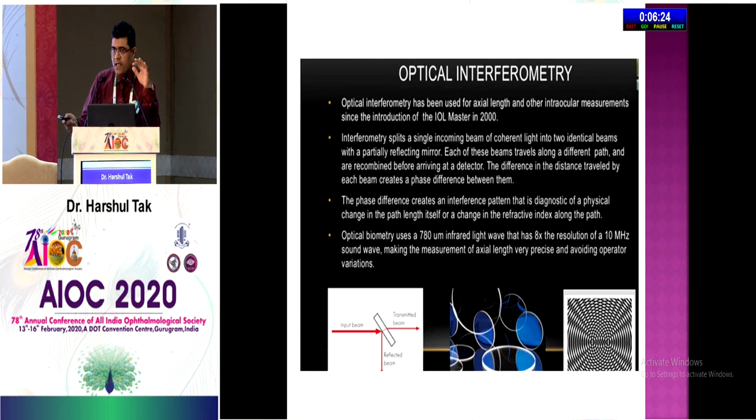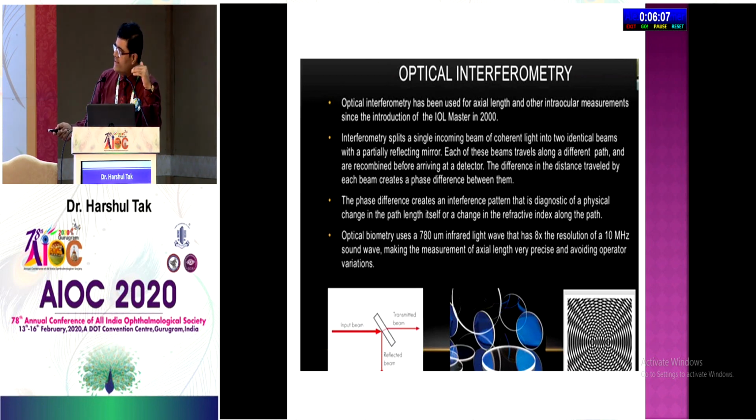So basically, what all these optical biometers are based on: the first optical biometer was the IOLMASTER 500, which was based on the principle of optical interferometry, and it was introduced in 1999.